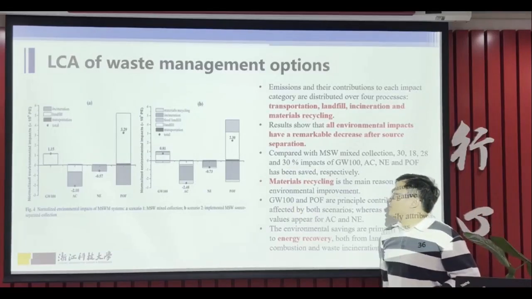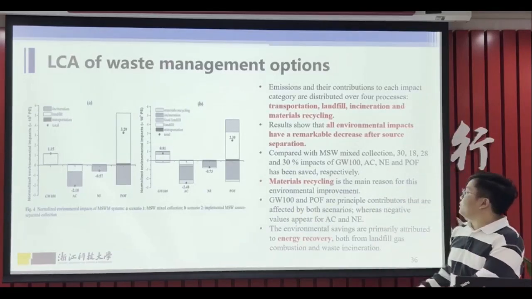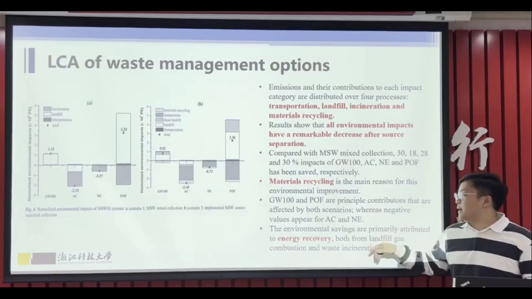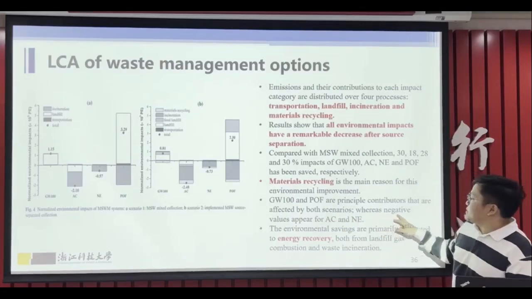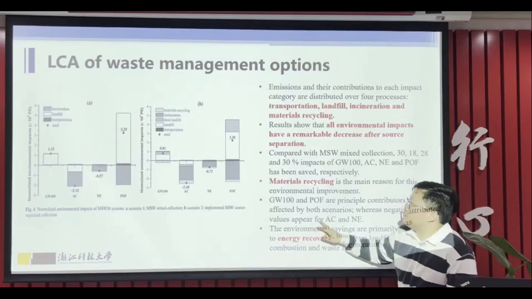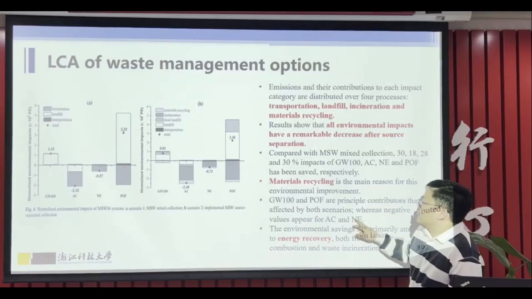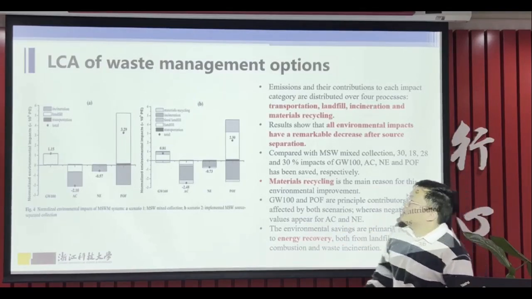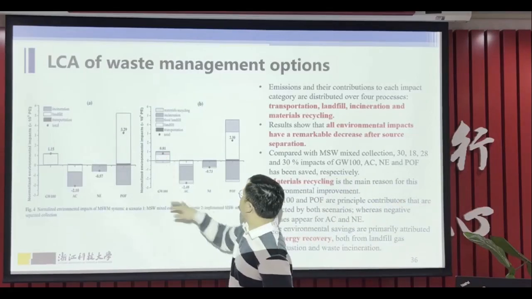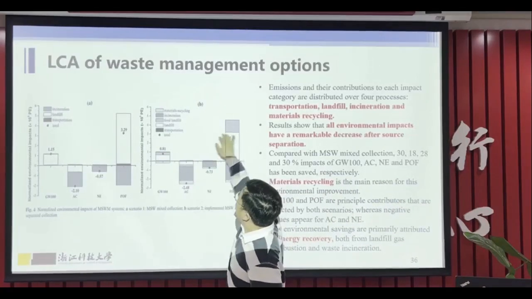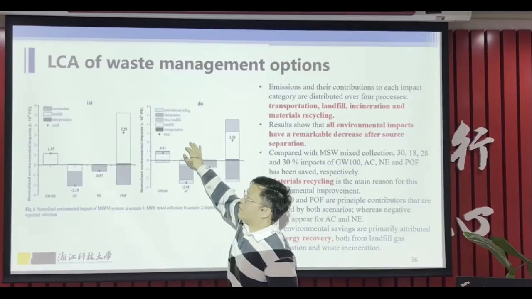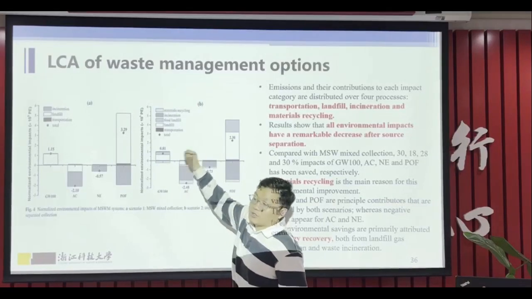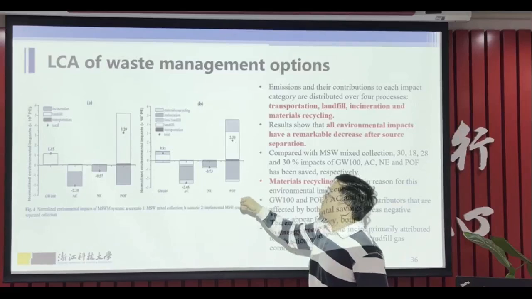And global warming potential and POF are principal contributors that are affected by both scenarios, whereas negative values appear for acidification and nutrient enrichment. So we can see for global warming potential and POF, we have a positive value, which means we caused some environmental impacts.